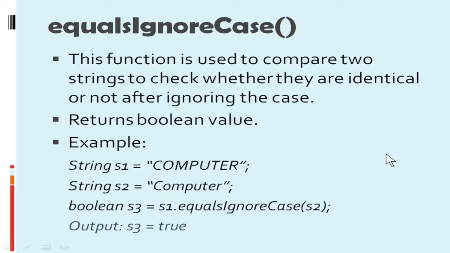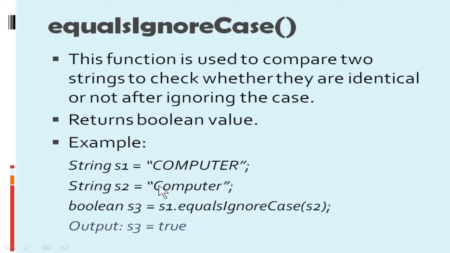Suppose you don't want this, and you just want to compare the word and return true if it is the same, then you can go for equals ignore case. In this case it will compare the strings after ignoring the case and return the value. So you can see it returns a boolean value. The example here is s1 computer, s2 is computer again, but the cases are different.